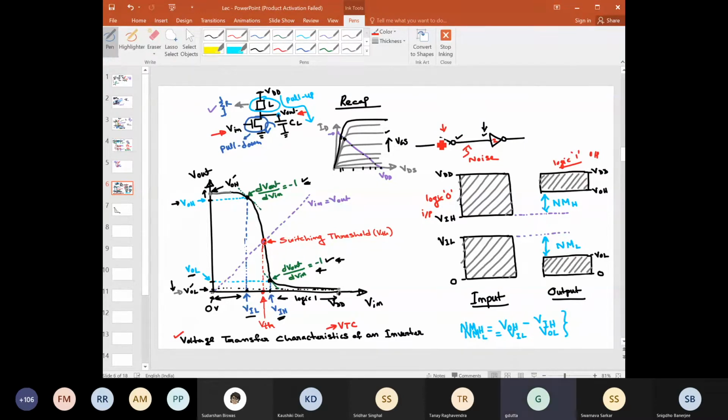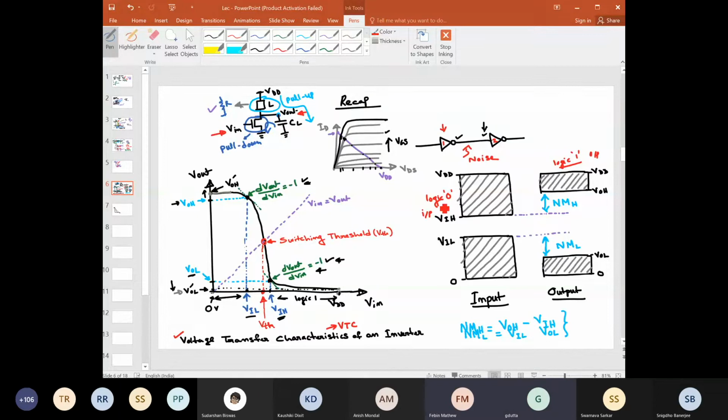Yeah, you were asking something? So shouldn't it be logic 1 for the input? For the input case, you marked logic 0. It should be logic 1, right?